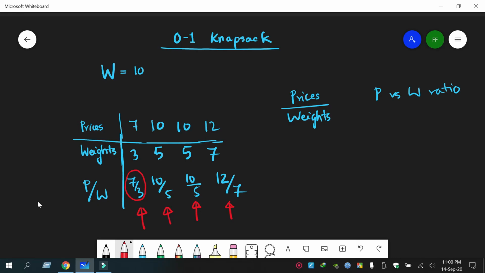So we can see that even if you take the most expensive item at first, it actually doesn't match up. Also, if you take the highest price versus weight ratio, the item which has it, that also doesn't lead you to the actual answer. So now we have to think about what we can do to get to the actual answer.